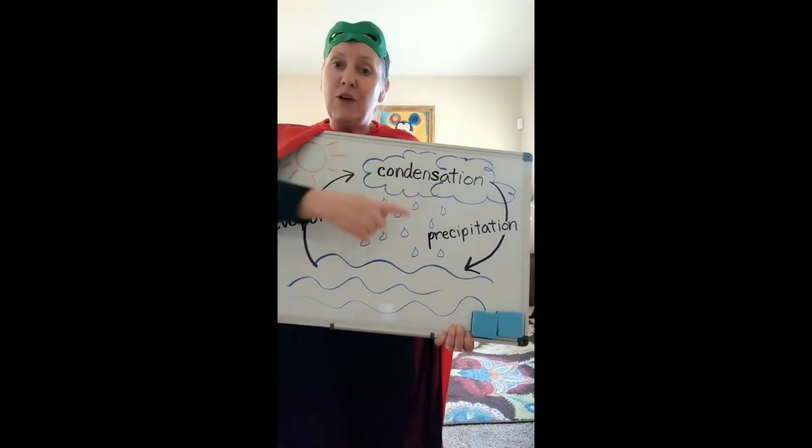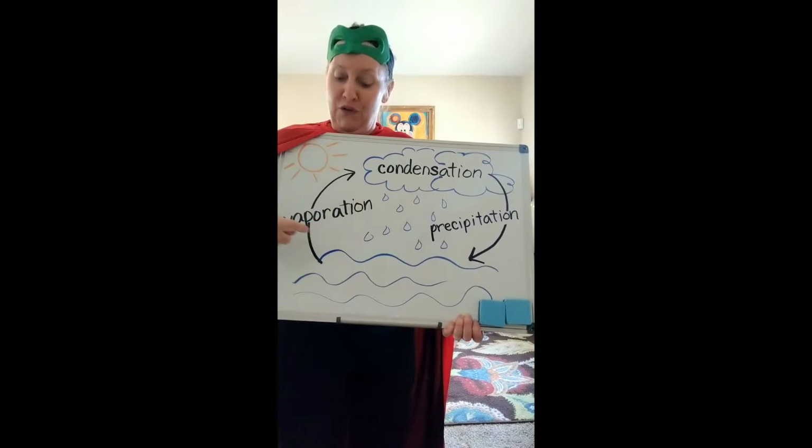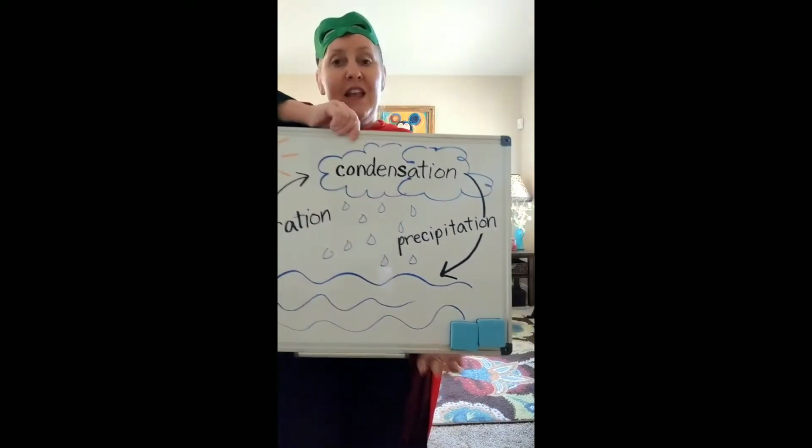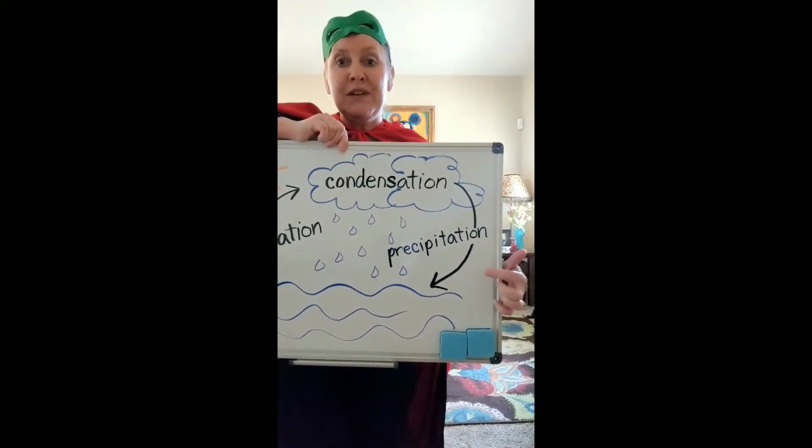And that water cycle happens over and over and over again. The water evaporates, forms a cloud of condensation, and then comes down as precipitation.